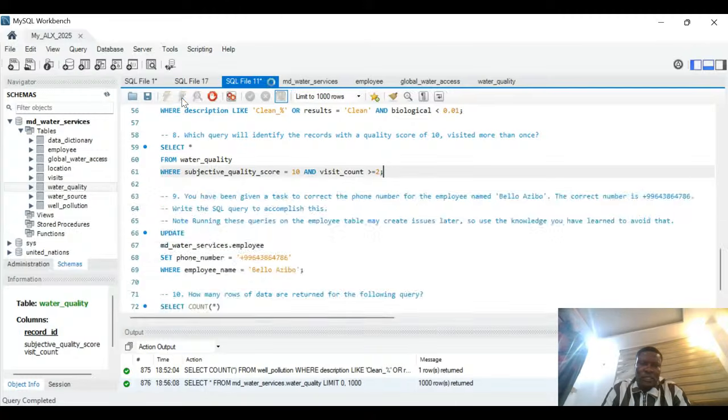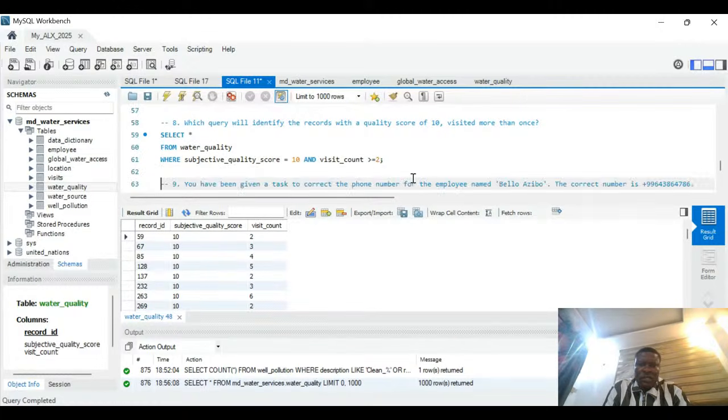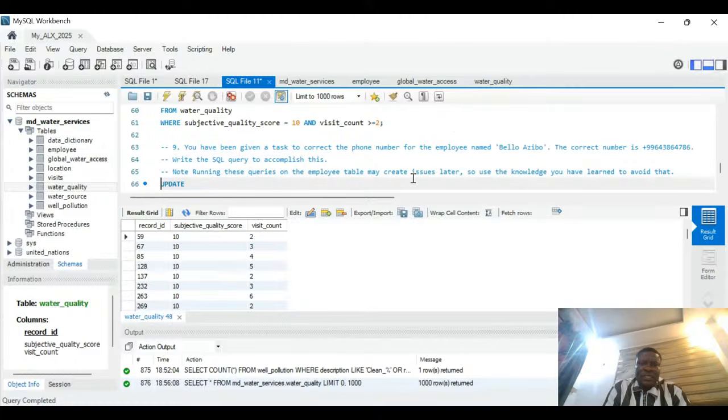Let me execute this. We see the table where the subjective score is 10 and the visit count is 2 and above. I'll not waste time. Let's go on to the next one. The connection is not helping. So question number 9.